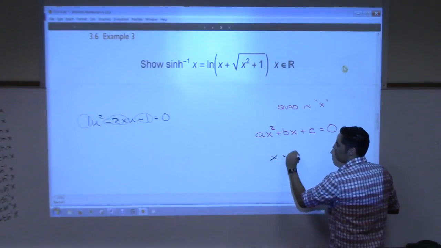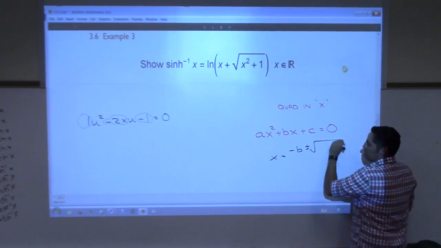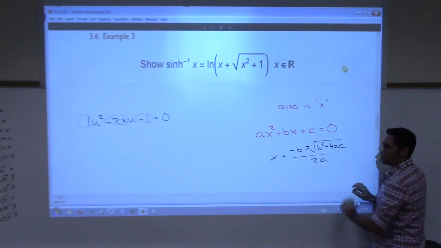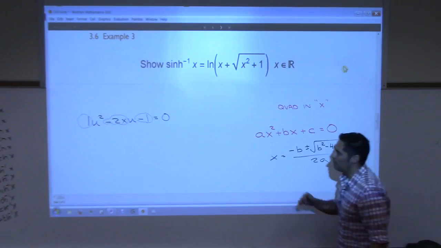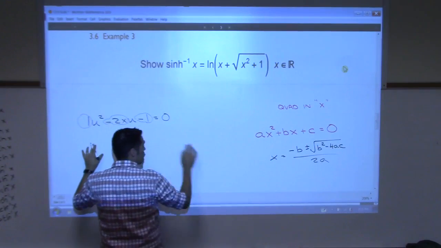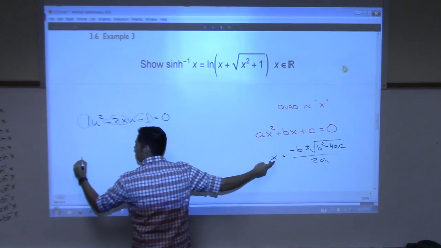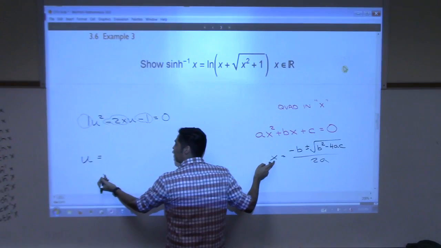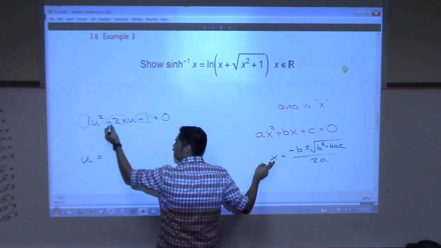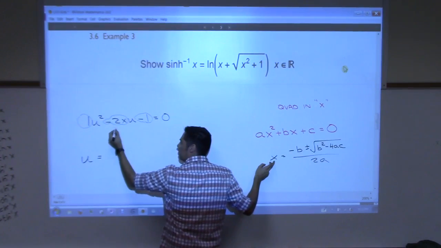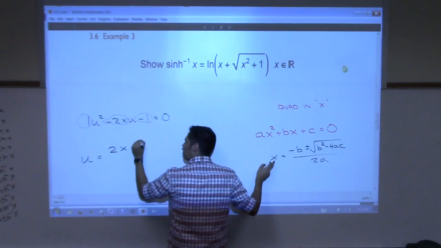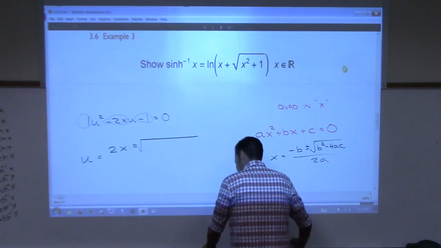And everyone knows the quadratic formula, right? This would be x is negative b plus or minus the square root of b squared minus 4ac all over 2a. That's our quadratic formula. Okay, let's start plugging in. So I'm not going to write x, I'm going to write u is equal to negative b, which for us is minus 2x already, so when I make it negative, it's going to be 2x plus or minus square root of b squared.